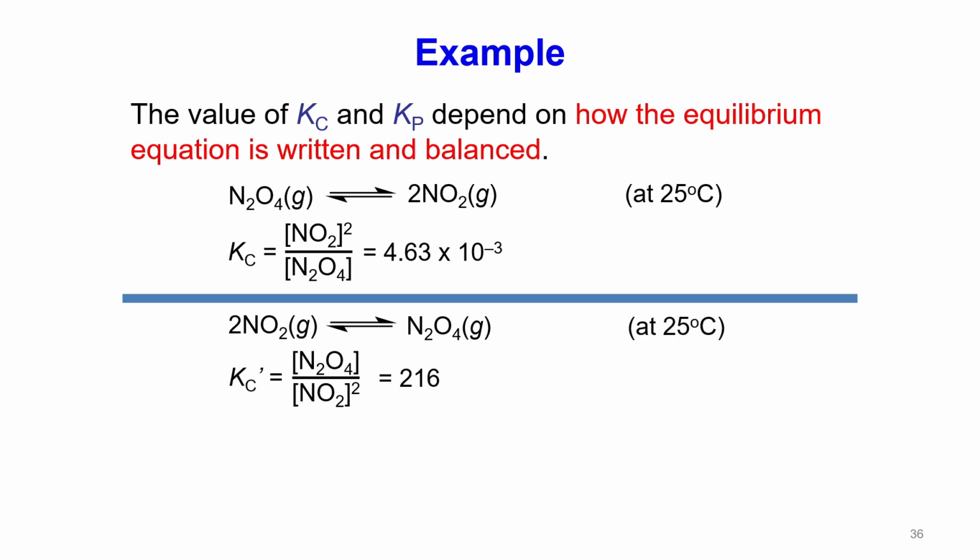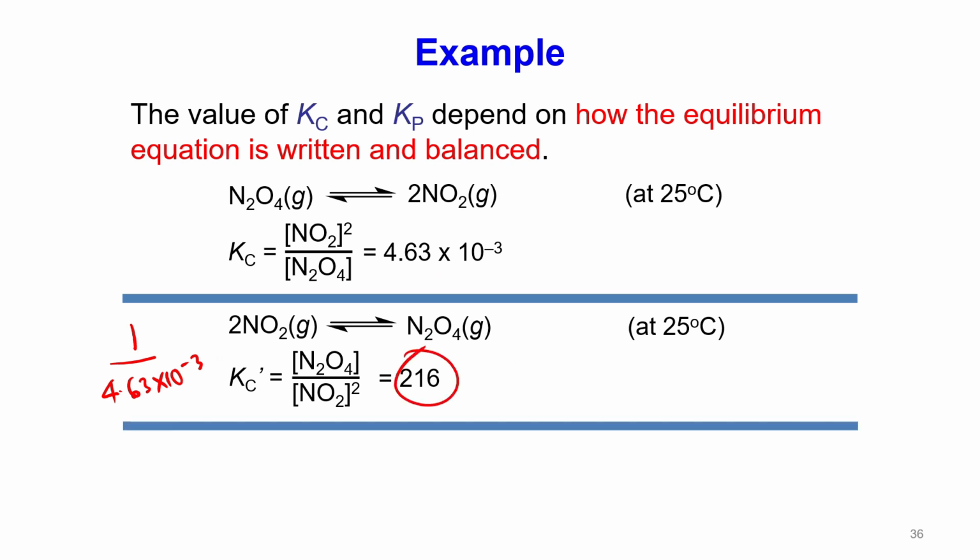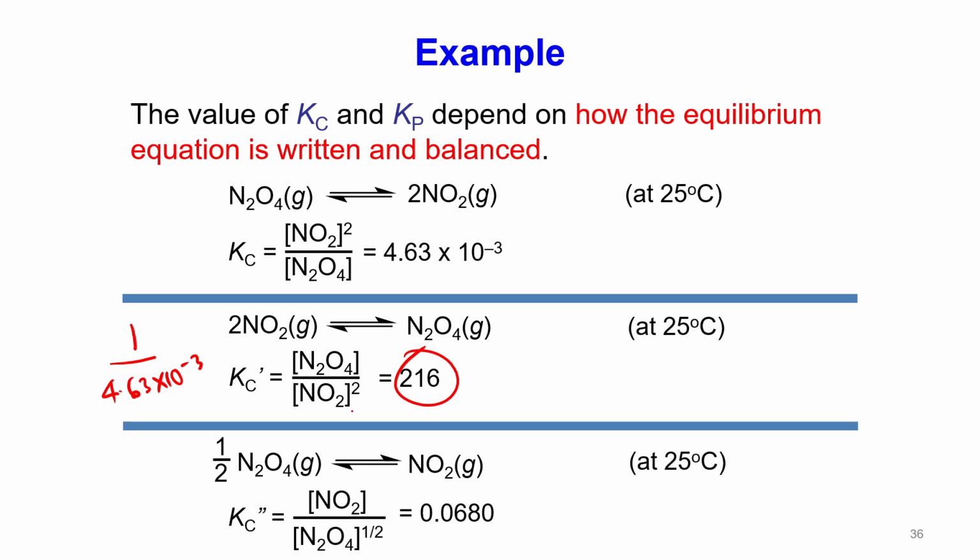Okay. Jadi bila kita 1 over, ini 1 over 4.63 exponent negative 3. So kita dapat 216. Okay, bila kita darabkan dengan half, okay, power of half, jadi concentration tu kita akan power of half di bawah. Okay, sebab ini di bahagian reactant. Jadi nilai dia pun lain, 0.068.